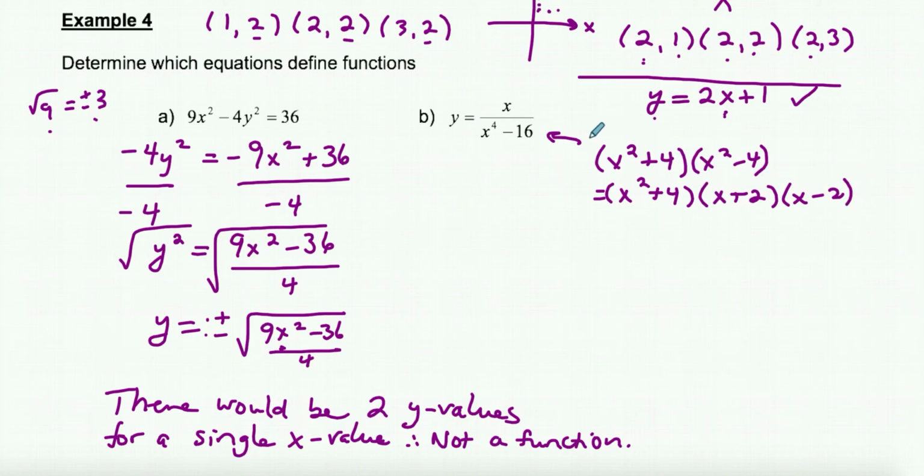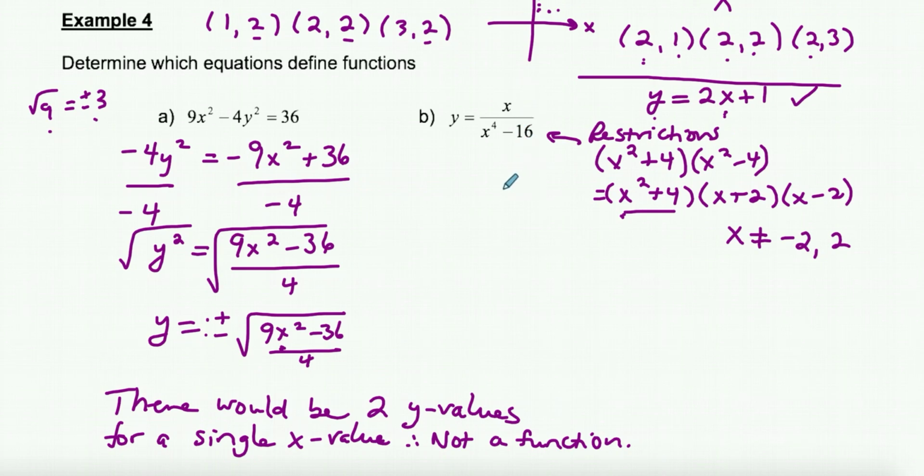So these are our restrictions. There's nothing I can sub in here that would give us a value of 0. I could sub 0 in here, a negative number, or a positive number. This is not going to be a restriction, but I do see that x cannot equal negative 2 or positive 2. So as long as x doesn't equal negative 2 or positive 2, this would be a function.